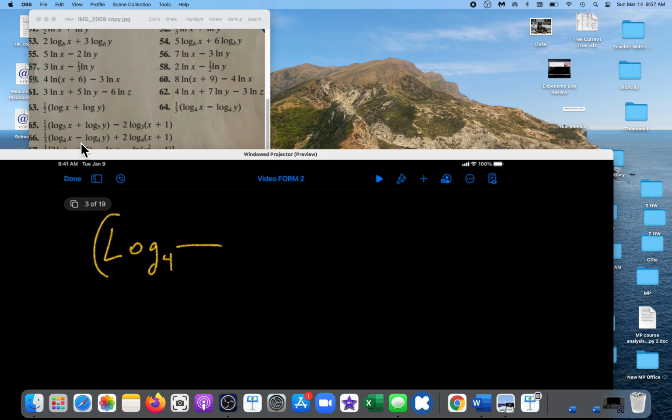We're going to keep that 1/3 out front. And we're going to combine these to y in the denominator because there's a minus sign, and x in the numerator. Let's move to the next term. So here we can just bring this exponent up here. That is legal. Let's do that.